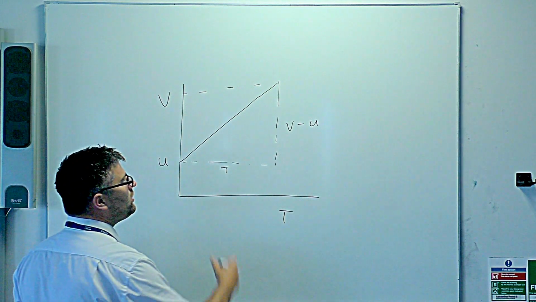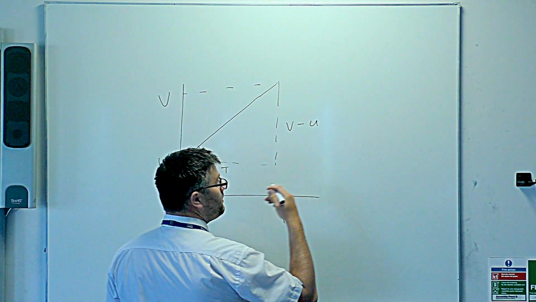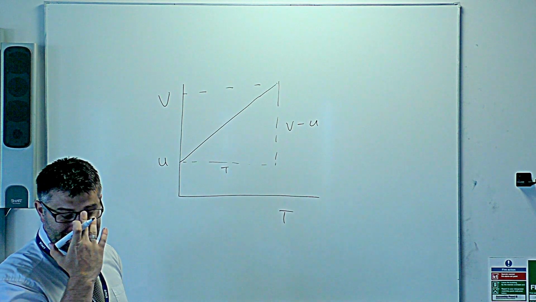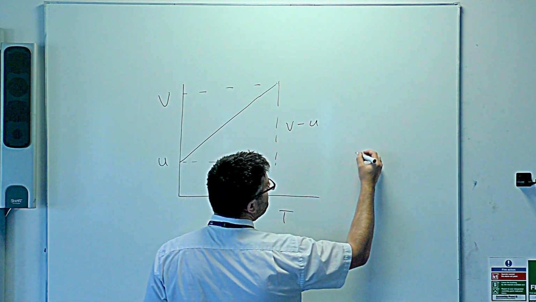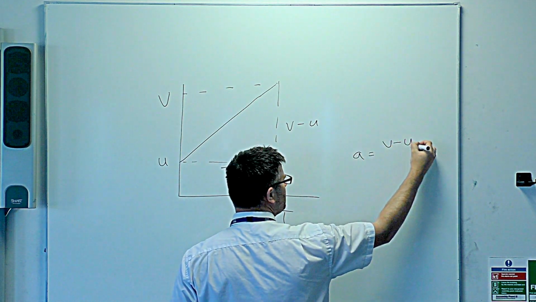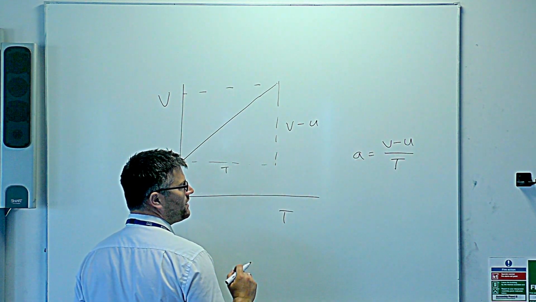So if we look at what the gradient of this graph would be in equation form, well, what is the rate of change of velocity? That is the acceleration. So acceleration is equal to v minus u over t, and that's just the gradient calculation there.